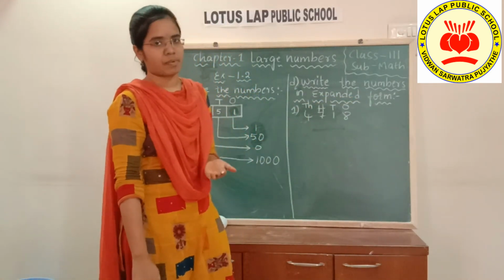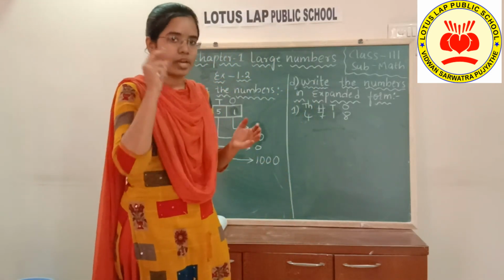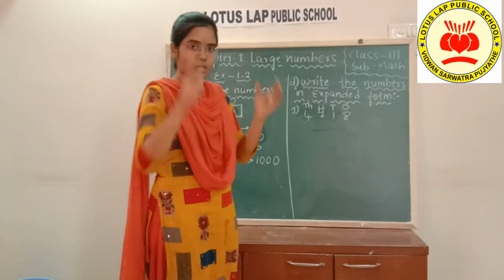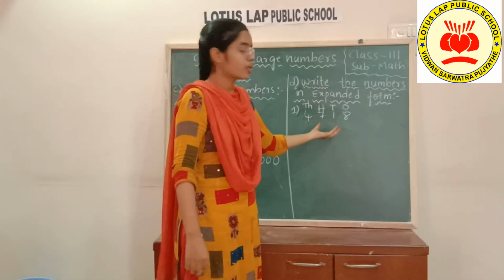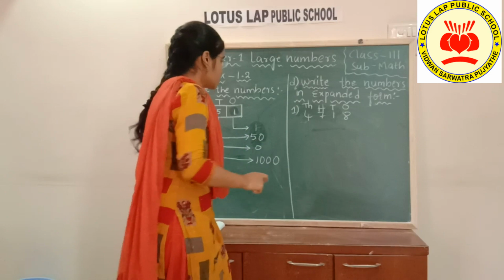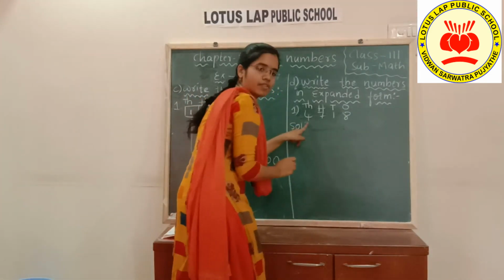While explaining the expanded form, I have drawn the place value chart, children. So it is to make you know in a better way. Instead of drawing the place value chart, in an easy manner you can write the expanded form. The only thing you need to observe is, take the first digit.